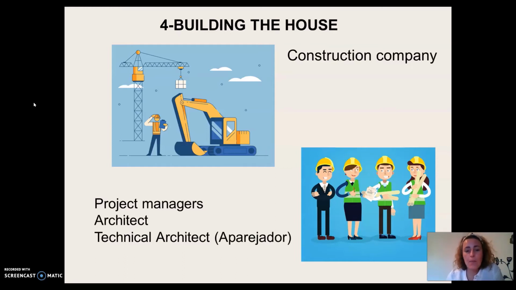Now, in this step, the promoter needs to contract a construction company. That is the company who is going to build the house, and he or she also needs to contract the project managers, that are the people who lead the house.